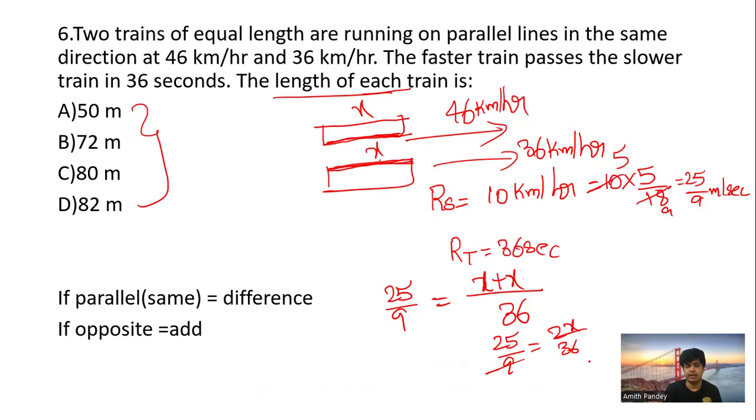Nine fours are 36, so that is 25 into 4, or else you can do it this way: 2 ones are 2, 25 into 2 is 50. So the length of each train is 50 meters. Okay, now I hope it's clear.